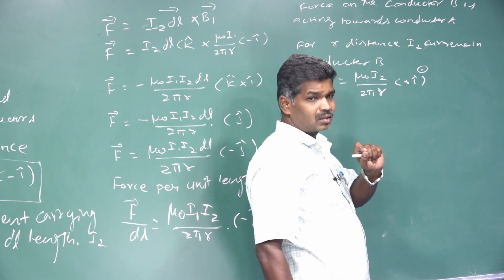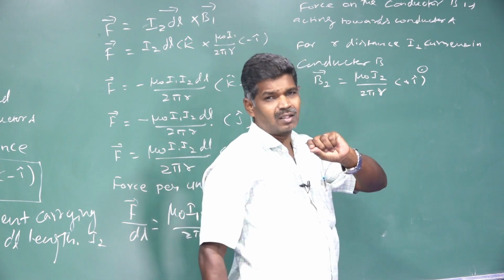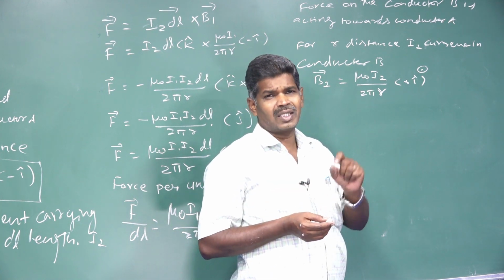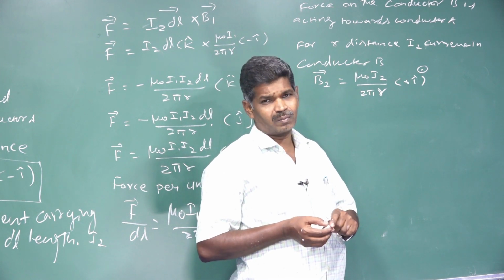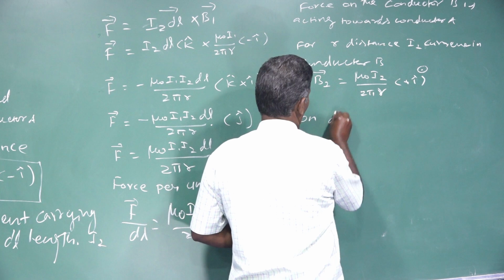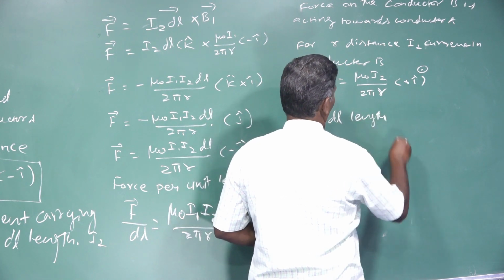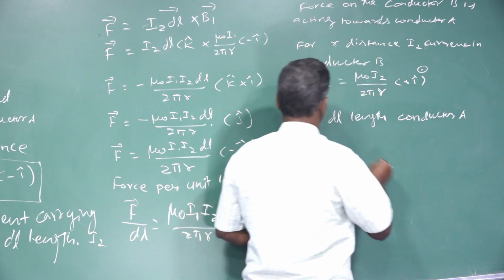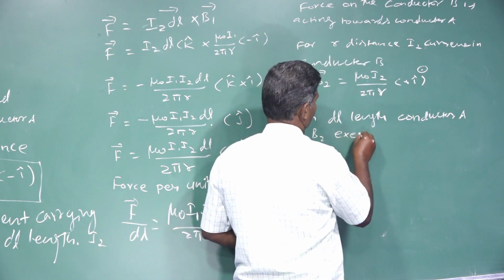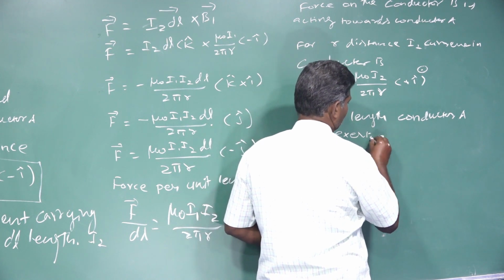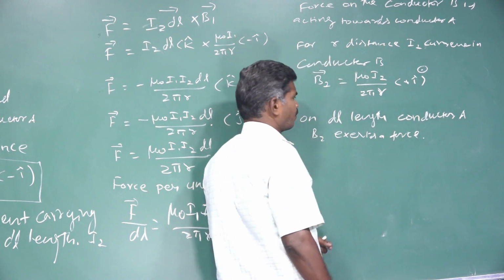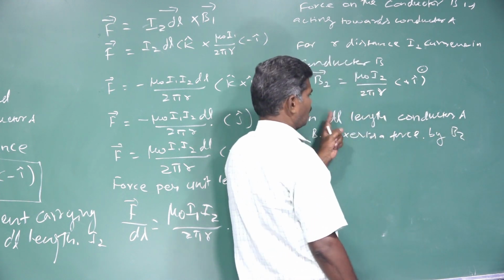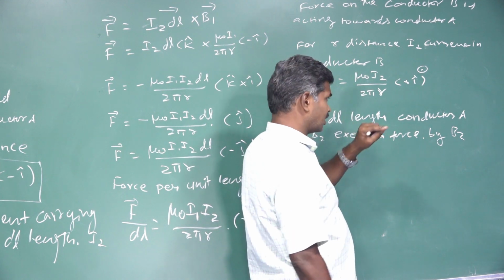This B2 magnetic field is going to act on the first conductor, through which the current I1 flows. Because of its infinite length, we take a small length dl on conductor A. B2 exerts a force on that dl length of conductor A, through which the I1 current is flowing.